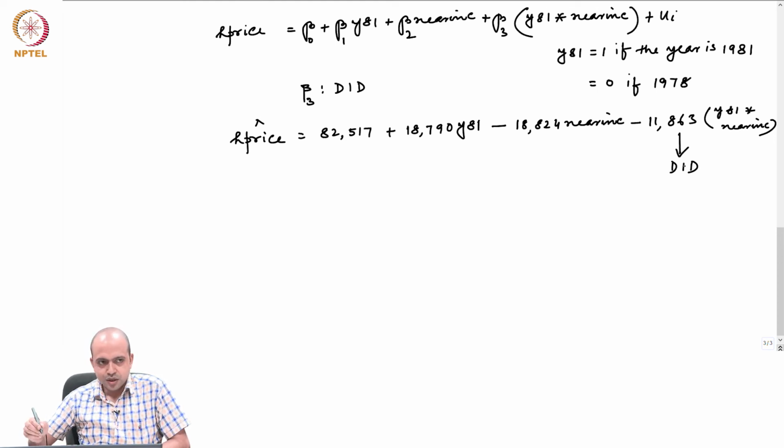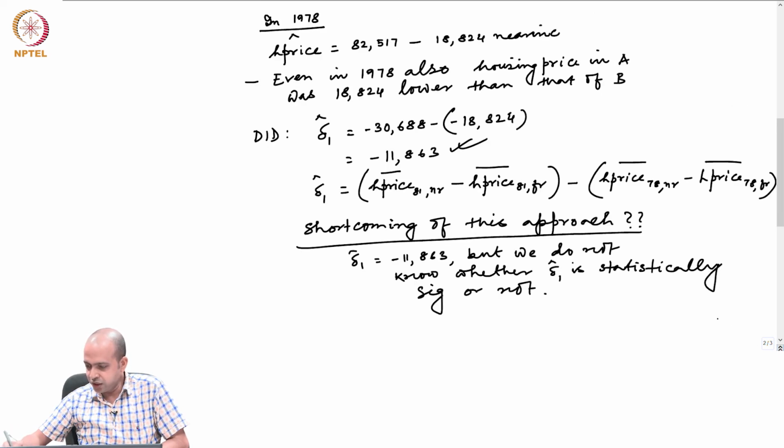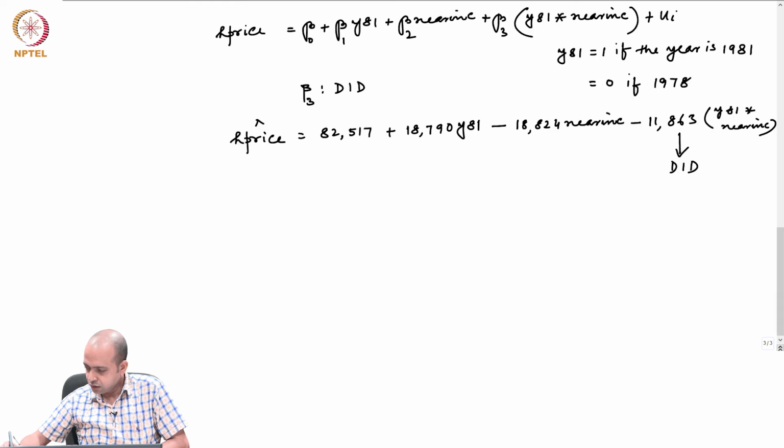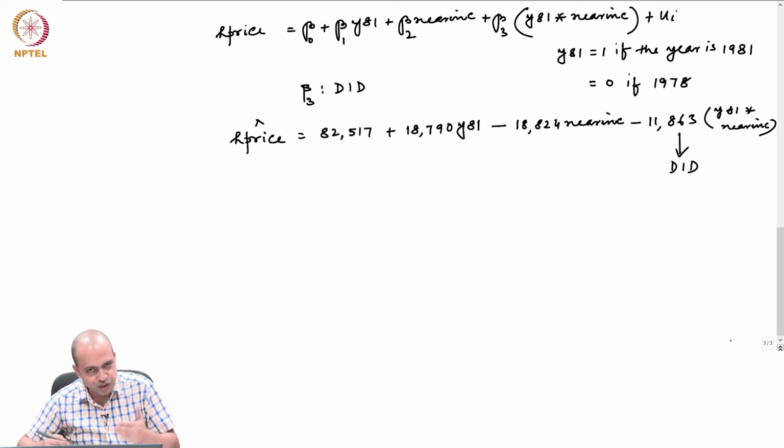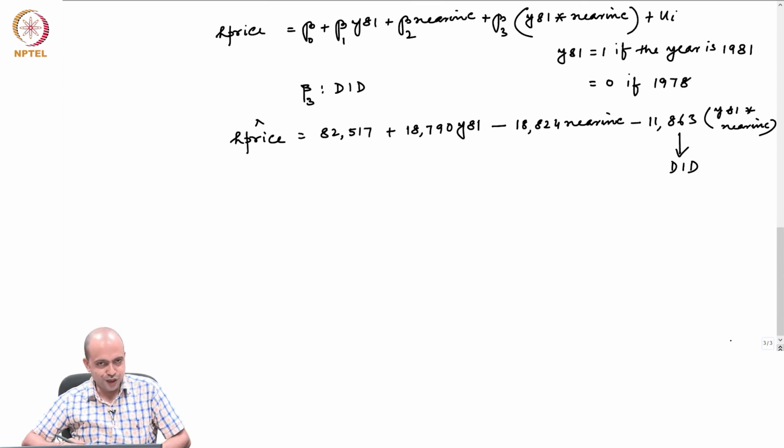Right. So if you compare with the previous case, that was also around 11,863. So magnitude wise there is not much of a change whether you apply the single equation method or the double equation method, but the advantage is you are getting a t value, let us say, 7.456.